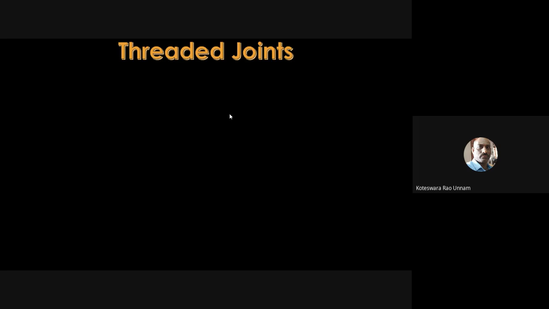So here, if you want to dismantle or disassemble and again assemble the joint, if it is possible without destroying the joint, then we call it a temporary joint. If it is not possible without destroying the joint, we call it a permanent joint.